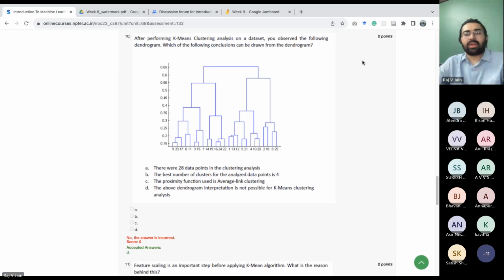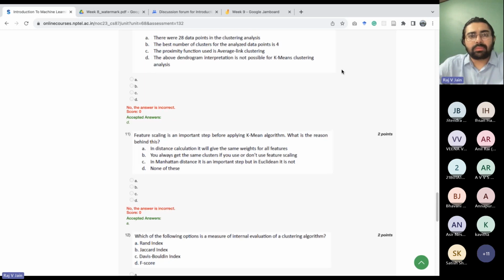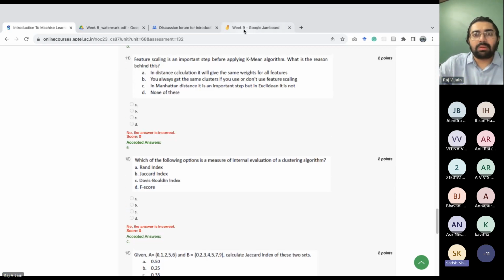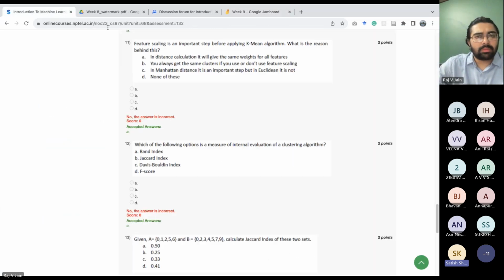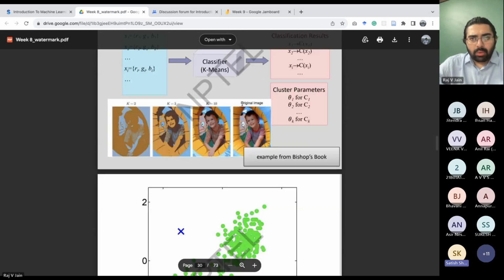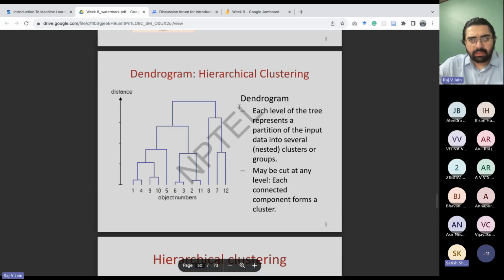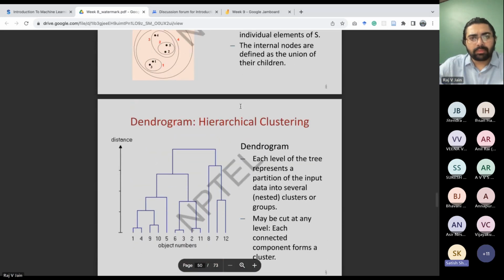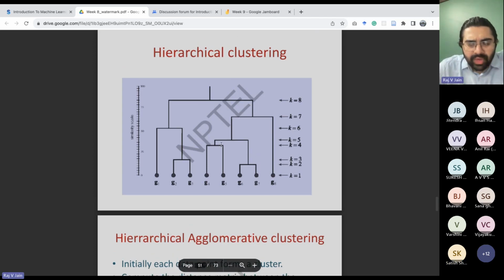Yes, it's clear. Okay, great. Sir, can you go to the class slides then? First slide only, where the dendrogram is there at the end. Come down. This one. Yeah. Okay.